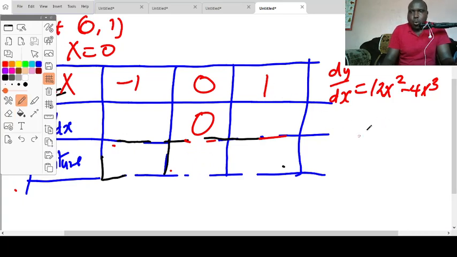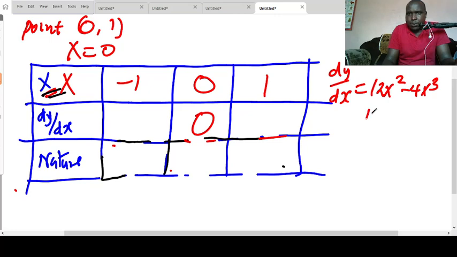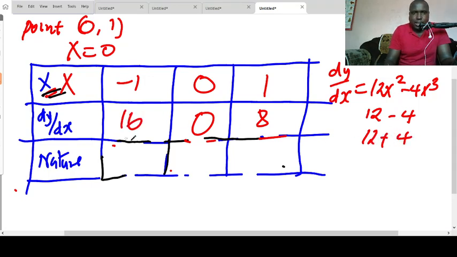Now let's put 1. If we substitute with 1 here, we will have 12 minus 4, and here is going to be 8. To the left, we substitute here with negative 1. So -1 squared is 1, minus minus, so in fact it's going to be 12 plus 4, and this one will be 16.